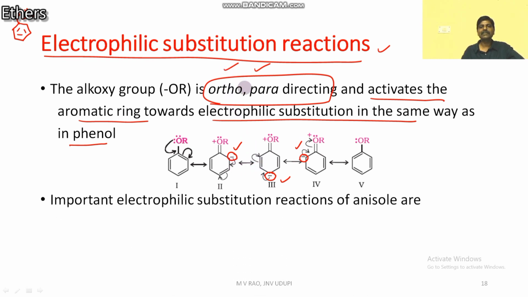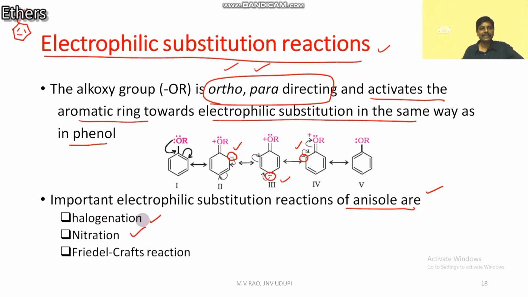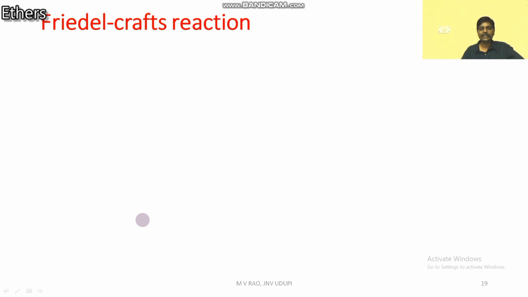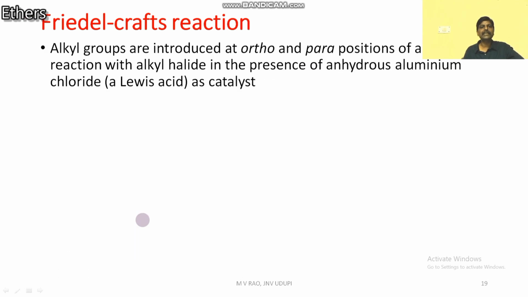So that's why reaction takes place at ortho and para. Important reactions of anisole are halogenation, nitration, Friedel-Crafts reaction.